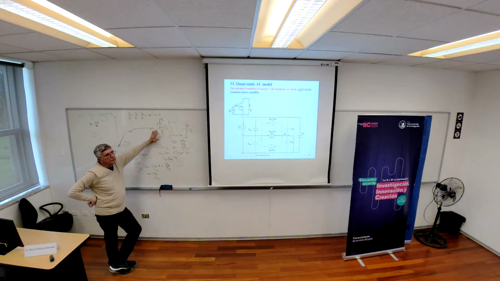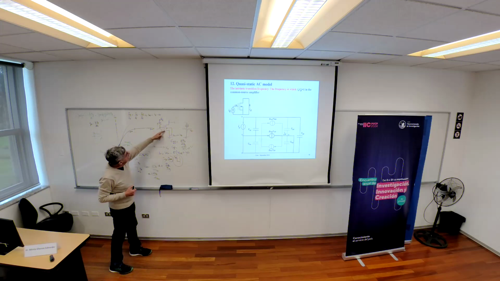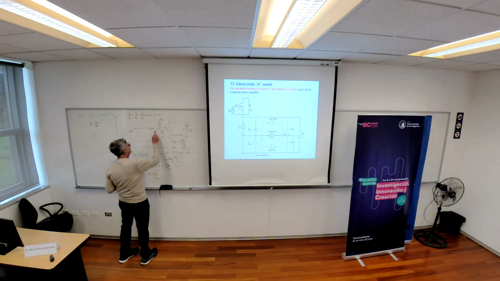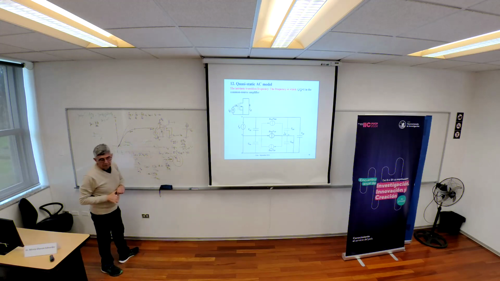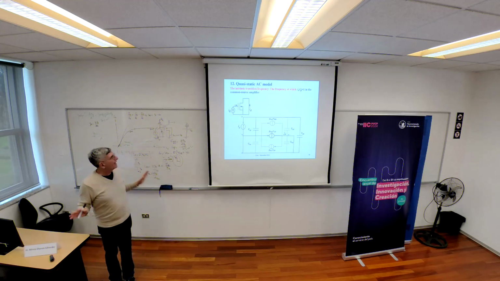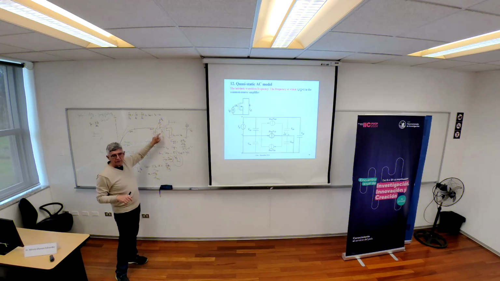So let's say this would be acceptable for high frequencies, or for frequencies in which this impedance is much lower than this one. Okay, so you need something here. Let's put here a source, IG, but the frequency should be such that the current that flows through this resistor is almost negligible as compared to this one.